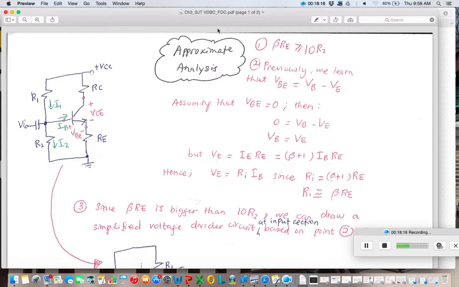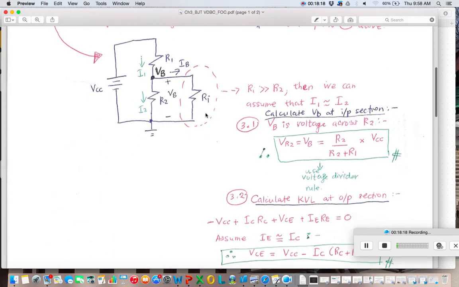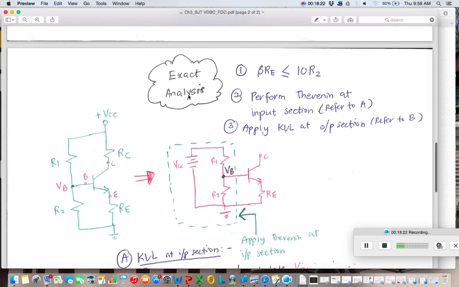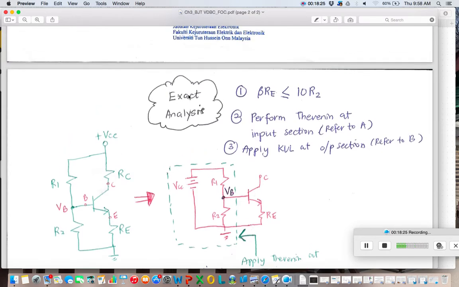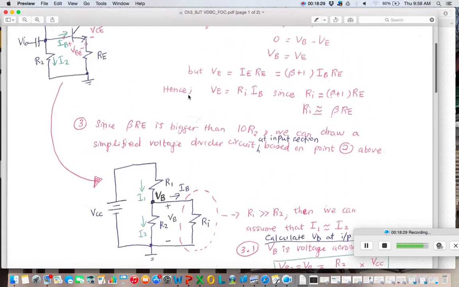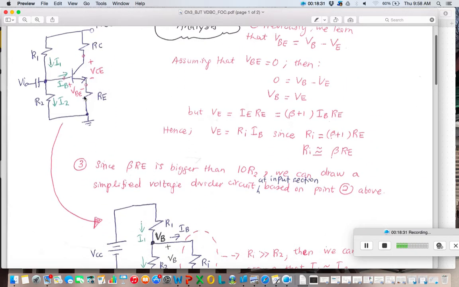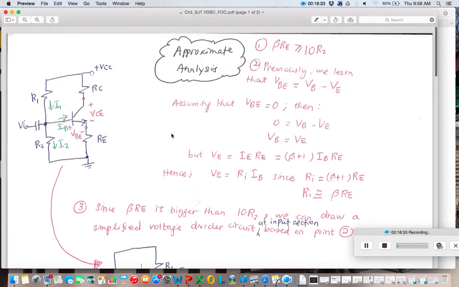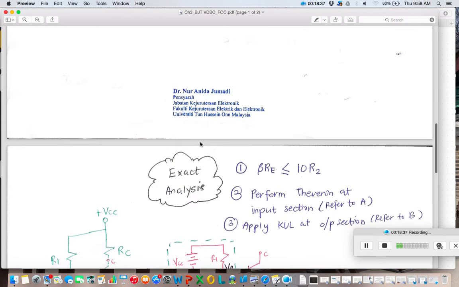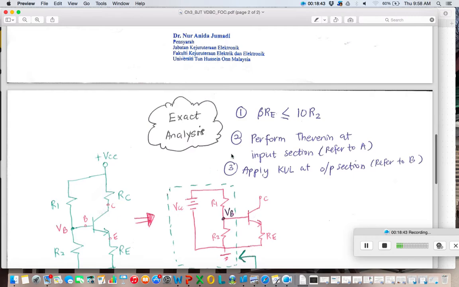The first one is the approximate analysis, and the second one is the exact analysis. Just now I said about the rule of thumb, right? So how can you know which method you can use to solve the voltage divider bias circuit? When to use approximate analysis? When can you use exact analysis to solve the VDB circuit?